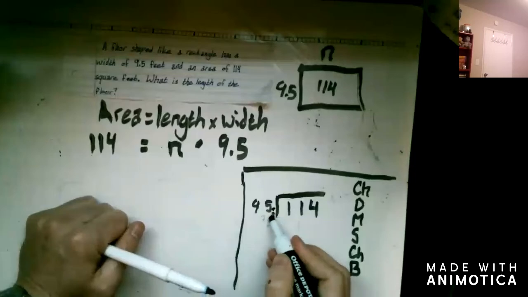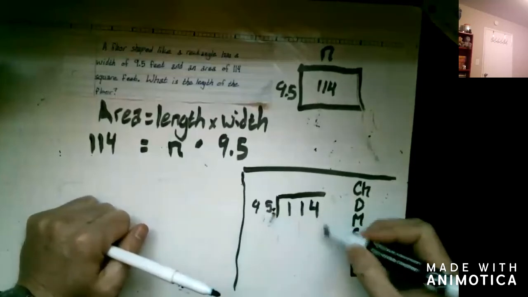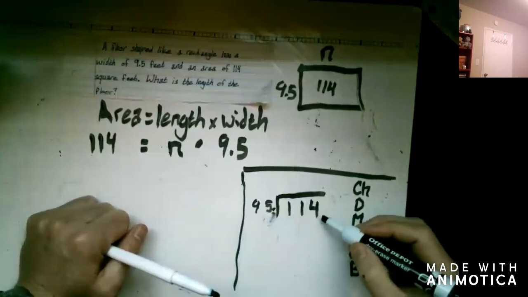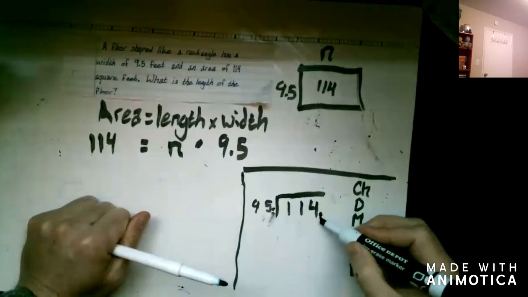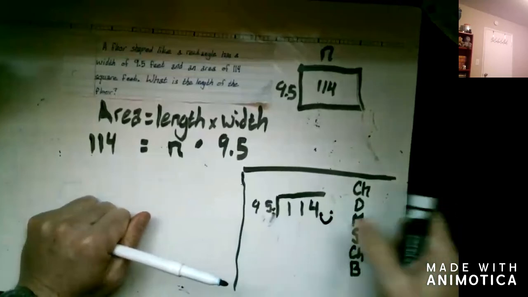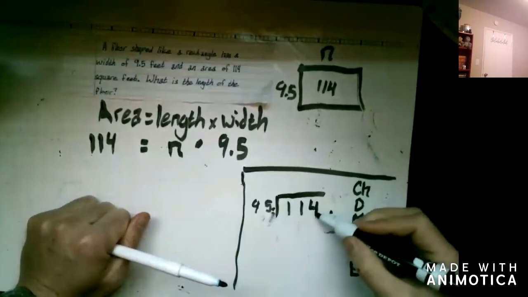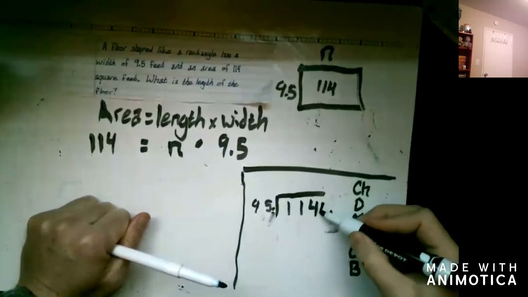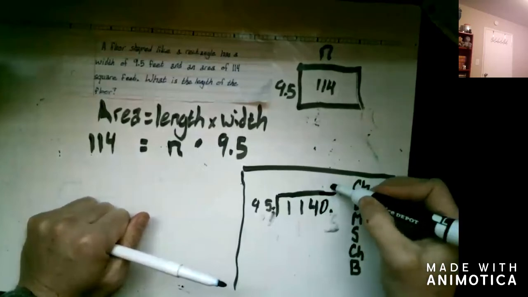But if I move a decimal point once in my divisor, I need to move a decimal point once in my dividend. And so I know my decimal point started here. I'm going to move it over here. And so now I have a little blank space. I can't have a blank space, so I'm going to put in a 0. And I'm going to make sure to remember to put my decimal point up as well.